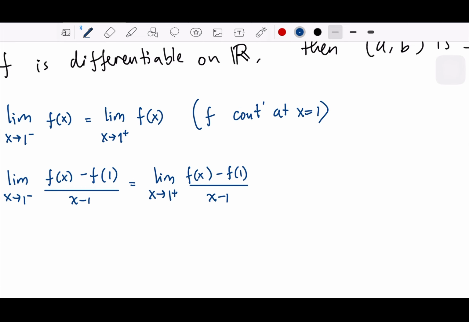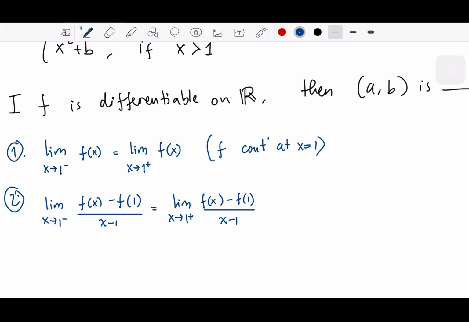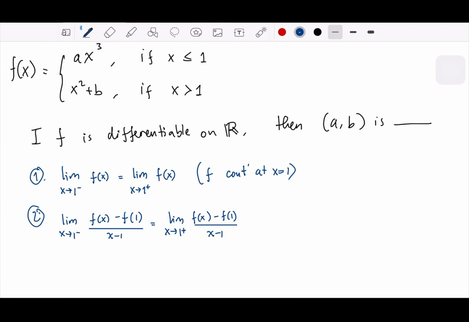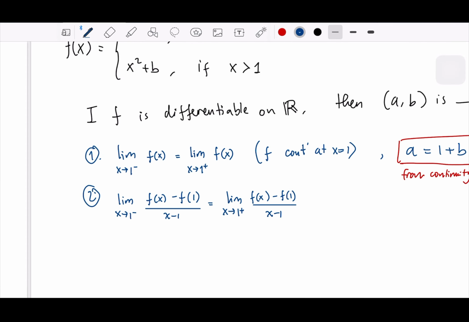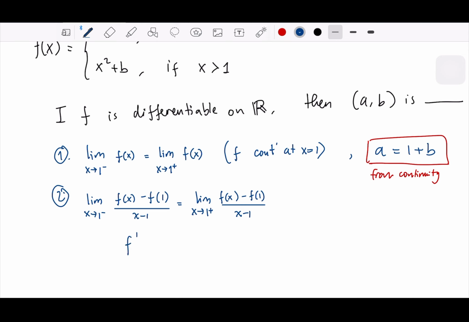So first, when we have limit, we will have that implications. This is a equal with 1 plus b. This is the first implication from the continuity. Now second, this means that the derivative at 1 from the left, let's say this is first derivative when x equal 1 from the left, and from the right should be equal.